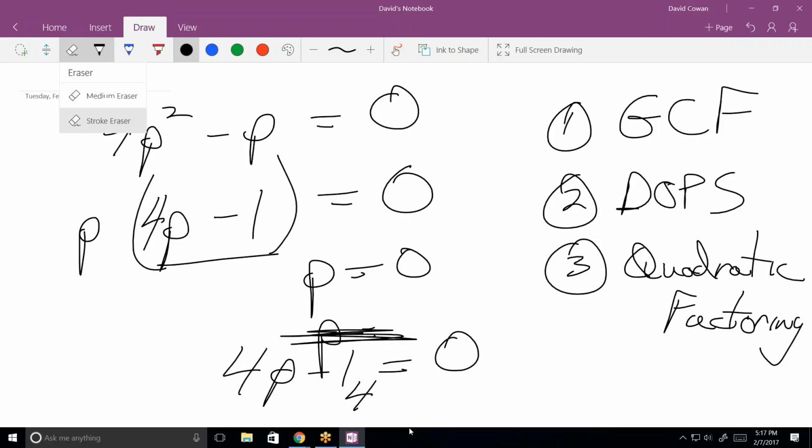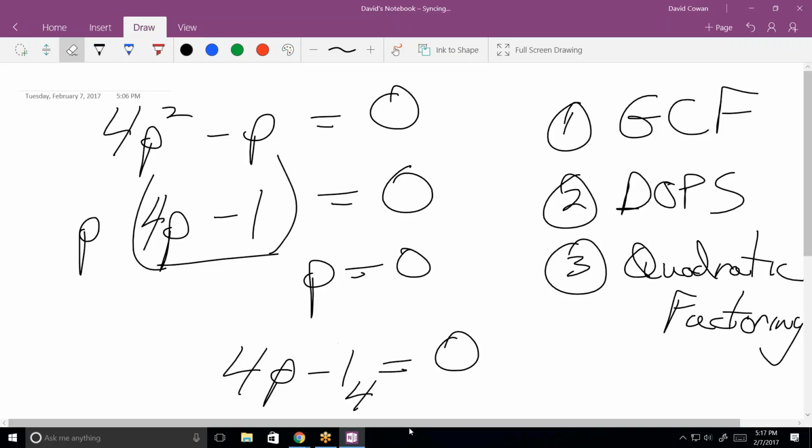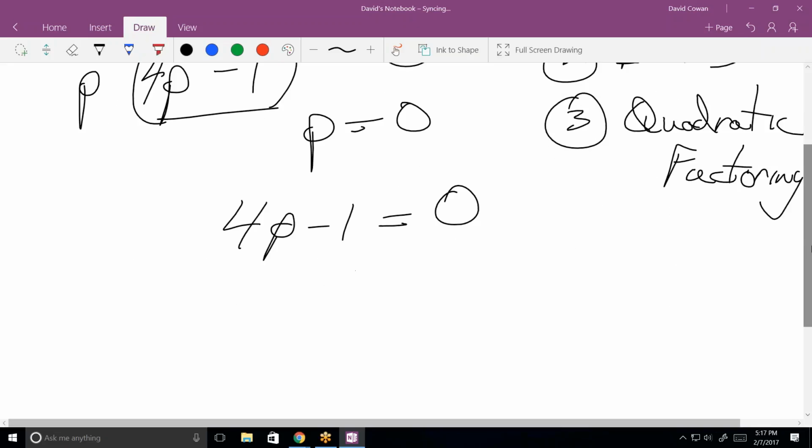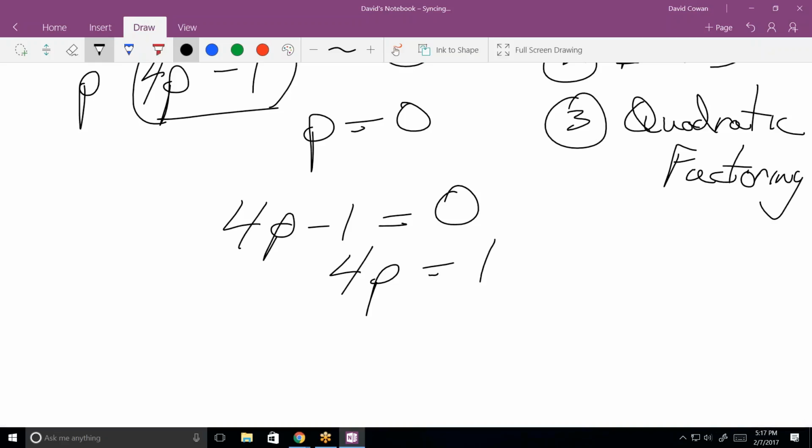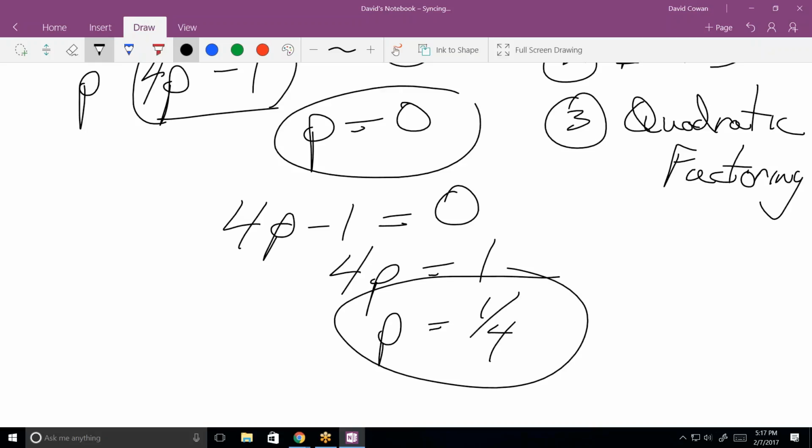Back up. We're solving this equation. So you would add 1. Okay. Let's take it step by step. Sorry. So add 1 to each side. So now you got 4p equals 1. And now what next? Divide by 4. So p equals 1/4. So there's your 2 solutions.